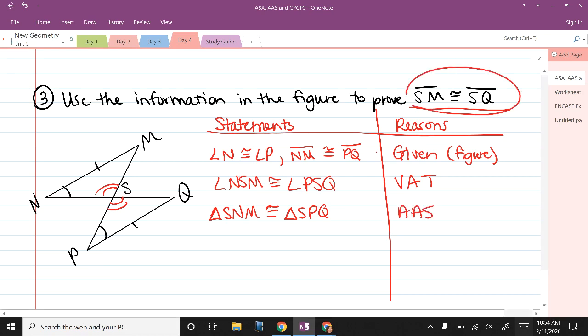So now can we say that segment SM is congruent to segment SQ? By what? Very good. Segment SM is congruent to segment SQ by CPCTC. Corresponding parts of congruent triangles are congruent.